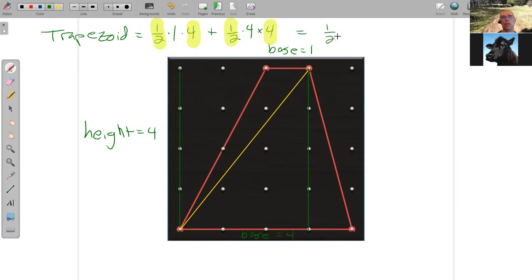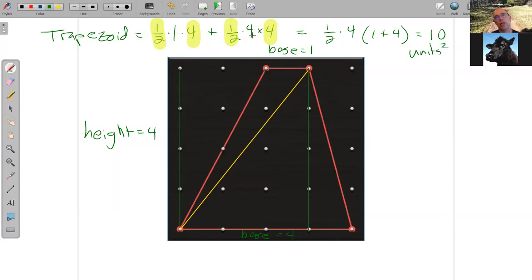So if I pull out that common 1/2 and the common height, what's left is the sum of the bases, 1 plus 4. Okay, which is pretty similar to what happened last time. So this is going to give me an area, two different ways to look at it. 1/2 of 4 is 2, 2 times 5 is 10. So this red trapezoid has an area of 10 square units.